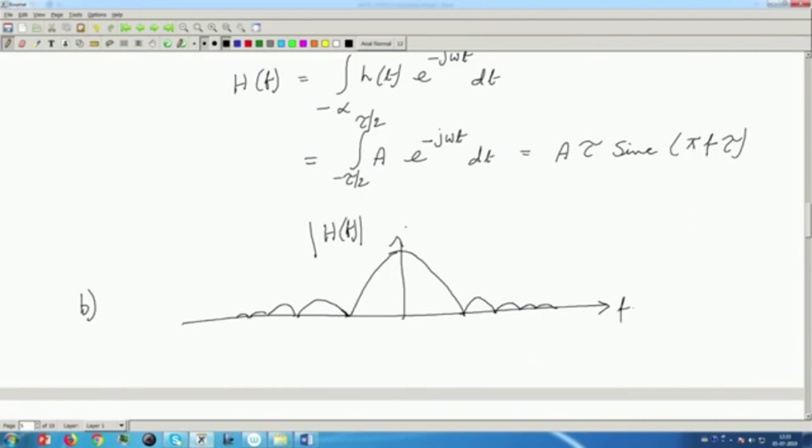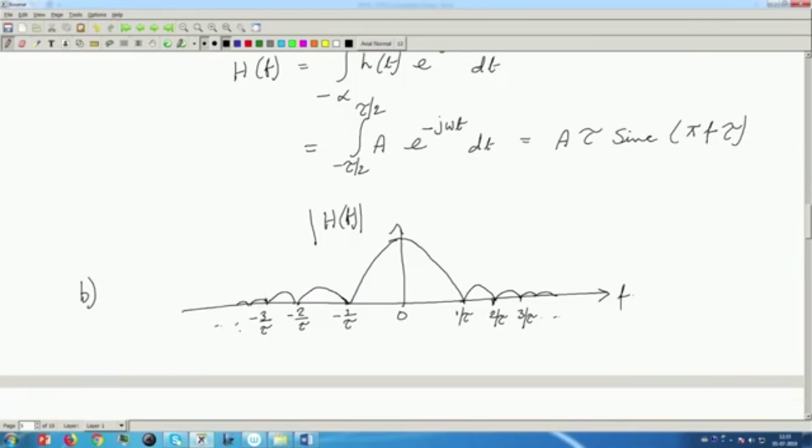So, this is |H(f)|, this is f, this is 0, and we know these points are 1 by tau, this point is 2 by tau, this is 3 by tau, etc. Similarly, minus 1 by tau, minus 2 by tau, minus 3 by tau, etc.